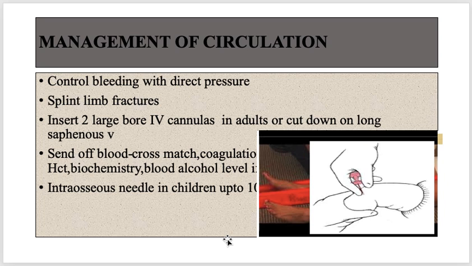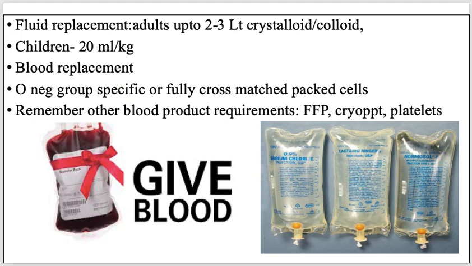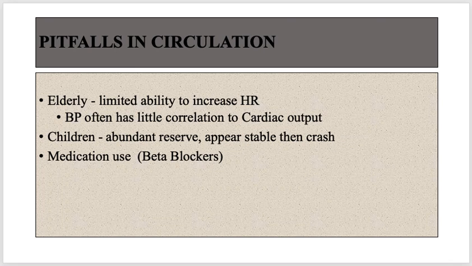If there is O negative, you can give that blood to the patient. Fluid replacement should be done. We have covered these things, that's why I'm just passing them. Blood replacement, O negative, the same points which I talked about, right? So this is the C, circulation, going on.